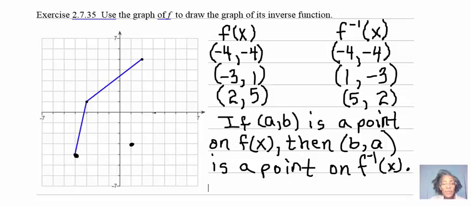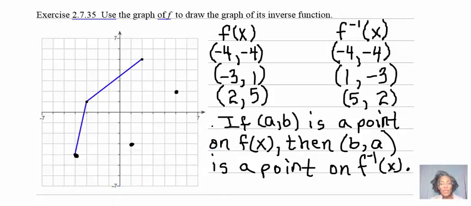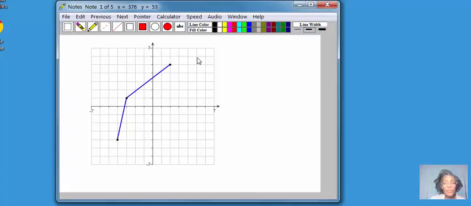And 5, 2 is a point on f inverse. So we can connect these three dots and have a graph of f inverse. I'm going to take a minute and go into a sketching tool that will allow me to do this where my lines are going to be straight.